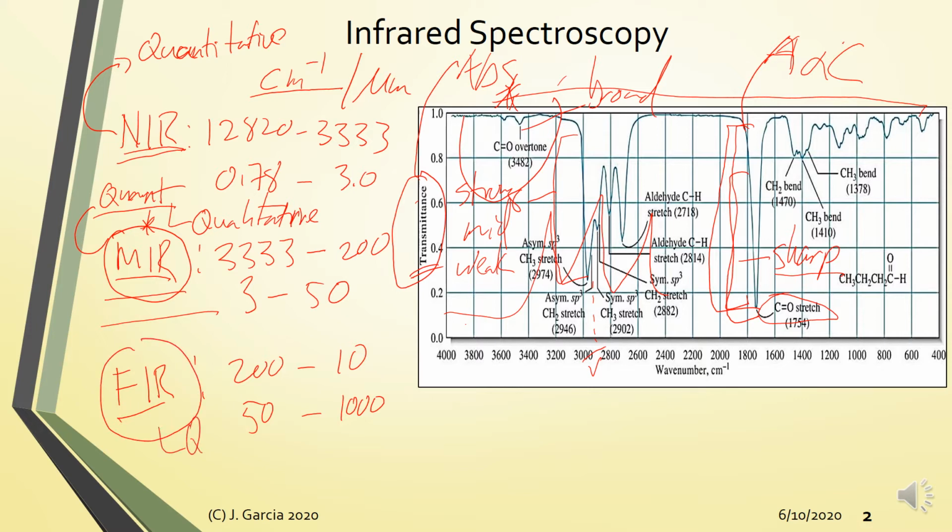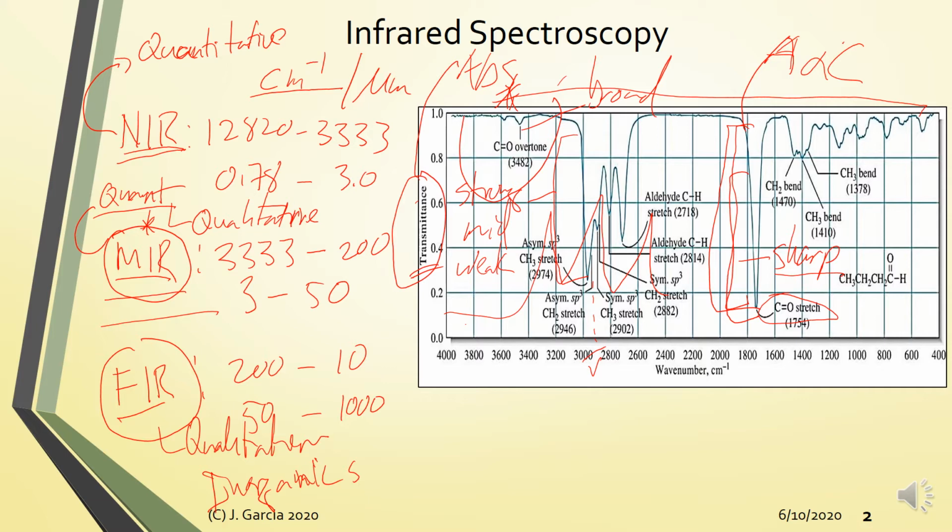This is more for qualitative analysis, particularly for inorganics. So if you're analyzing mineral samples or geological samples, you can identify or get the spectroscopic fingerprint for that particular sample using far infrared radiation.